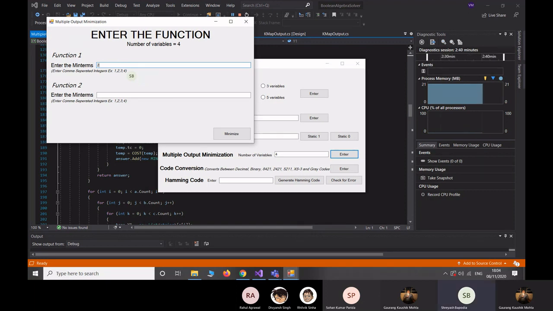We entered the minterms for both the functions this way. Two, three, four, 5, 7, 12, 13, 15.